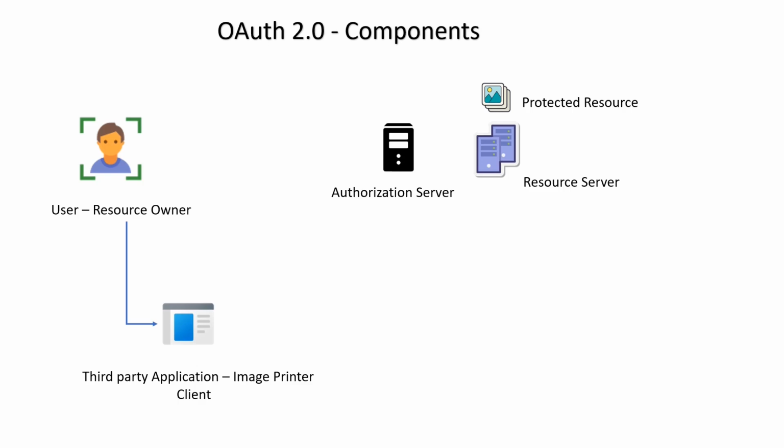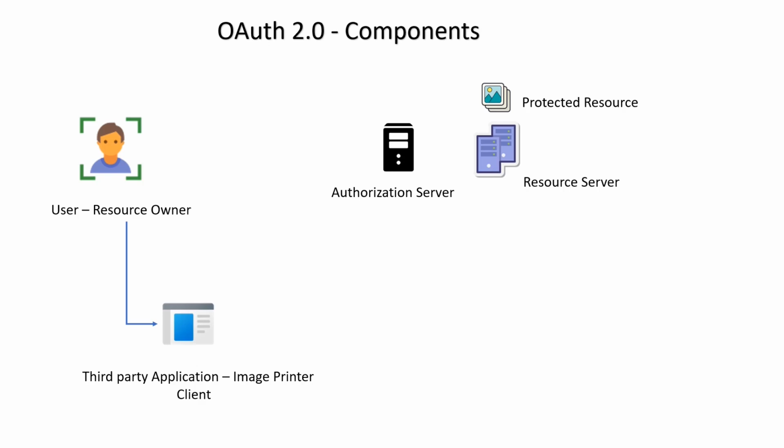Then we also have the authorization server, or auth server. That server is the key, or gateway, for the third-party application to be able to access the resources on the resource server. Okay, so now let us understand how the whole flow works in OAuth 2.0.